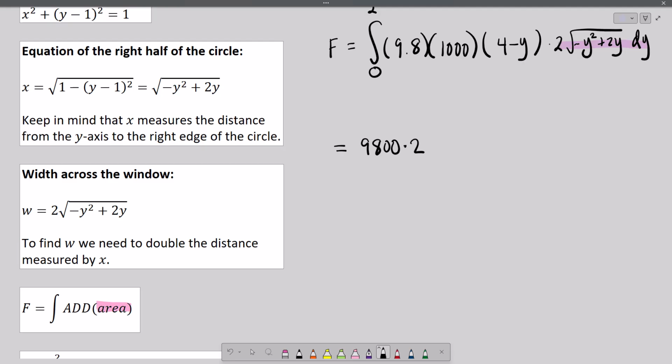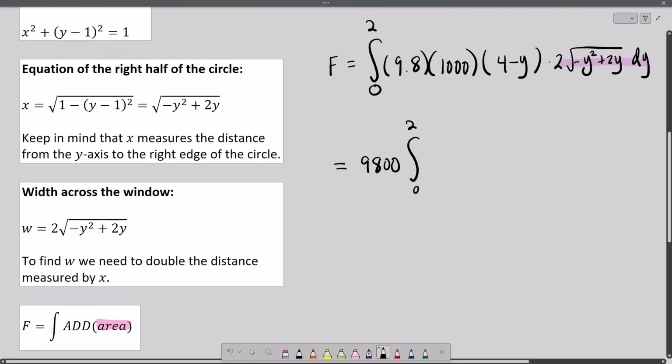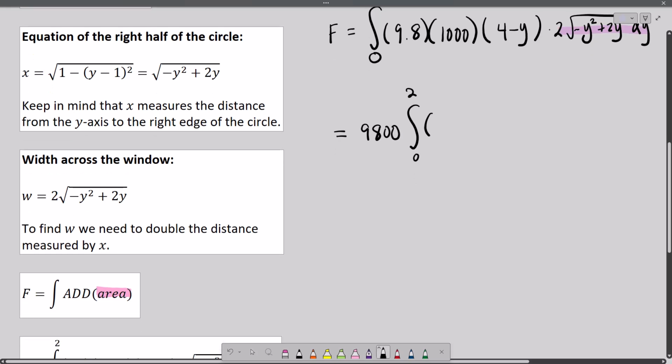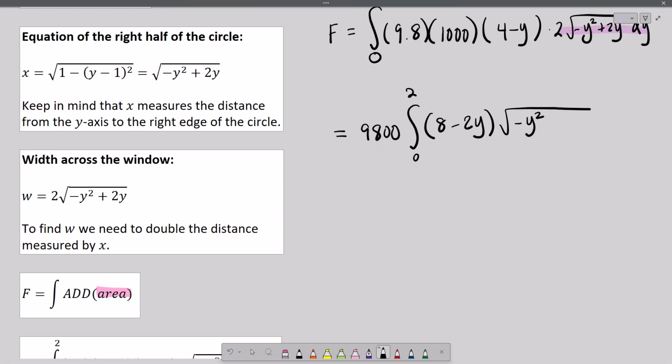This kind of leads us to actually what we talked about last time. I'm not going to pull the 2 out. There's a little clever observation here. If that 2 gets distributed in here, it will be advantageous. So there's our integral. The only real technique you have is substitution.